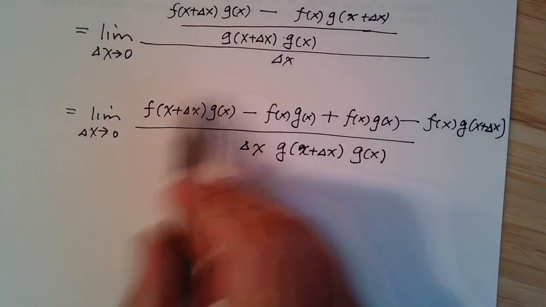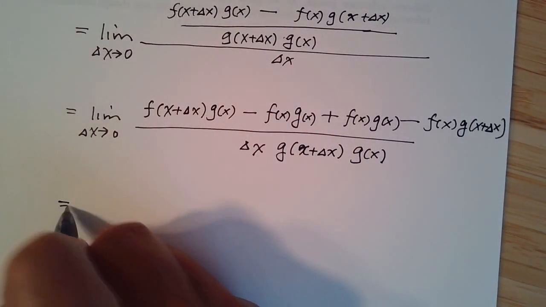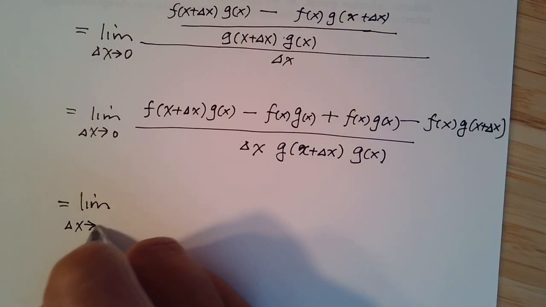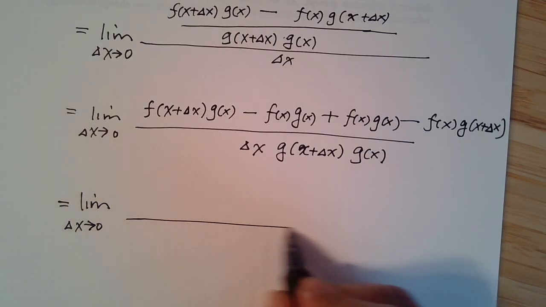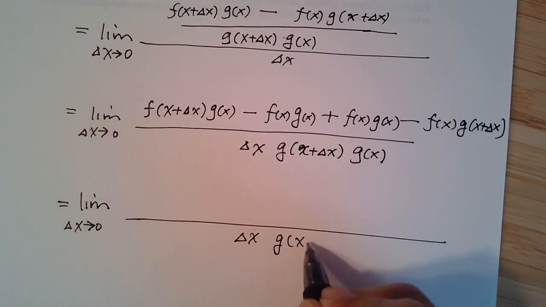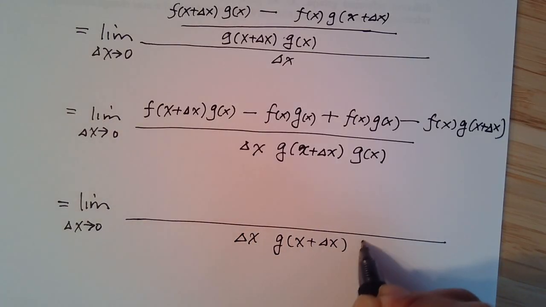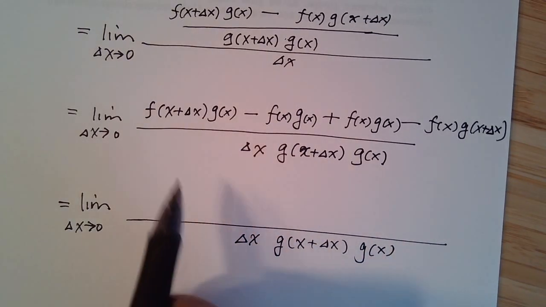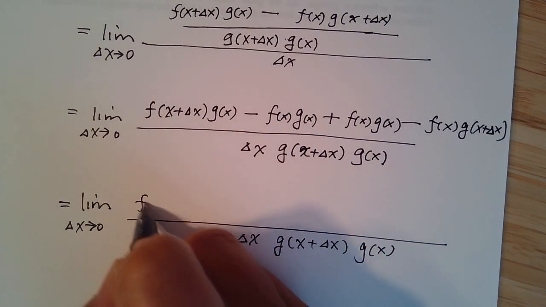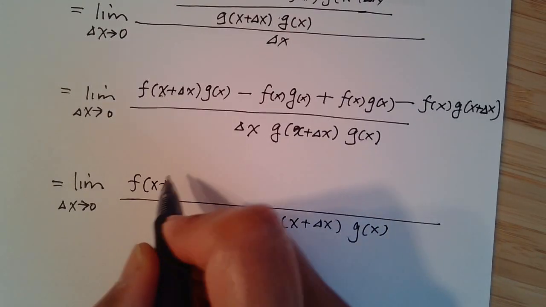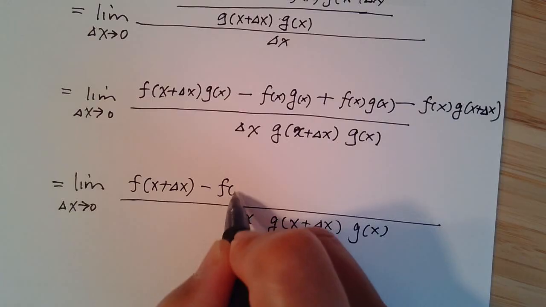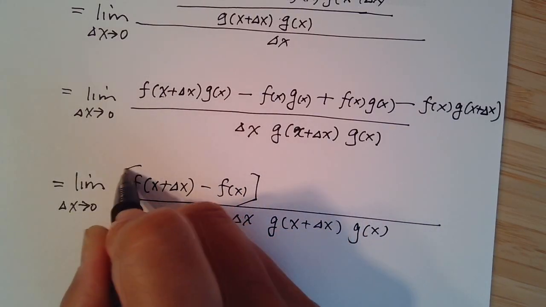Okay, now I combine the first two terms. That will be the limit delta x approaches 0, and the bottom is delta x g of x plus delta x g of x, and from the first two terms I take out the g, so I have f of x plus delta x subtract f of x, okay?